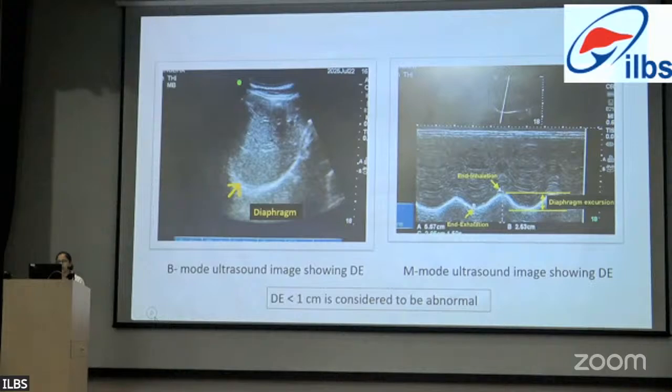On identifying it, we usually place an M mode on the ultrasound, where we can see this trough and trough pattern, and we can note the measurement at end exhalation and end inhalation, and on subtracting it, we can get the diaphragmatic excursion. So diaphragm excursion less than 1 centimeter is considered to be abnormal and indicative of diaphragmatic dysfunction.